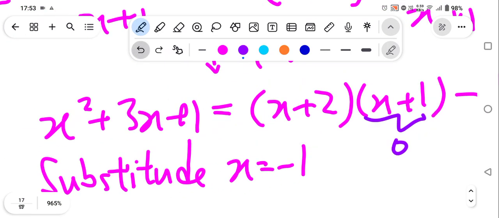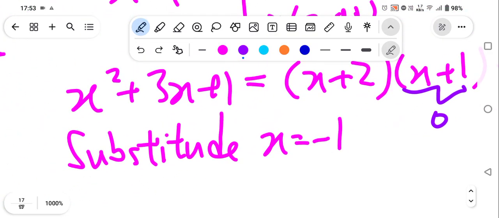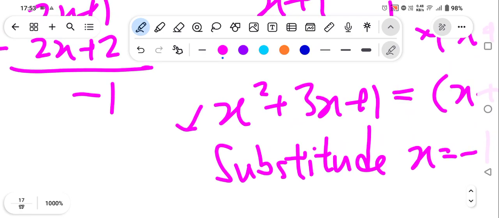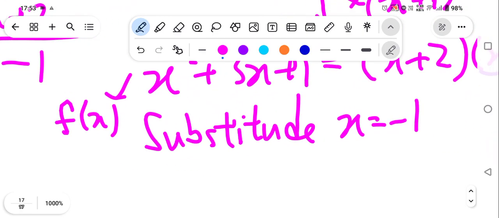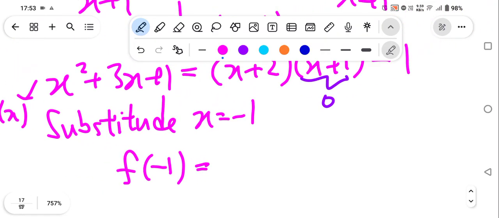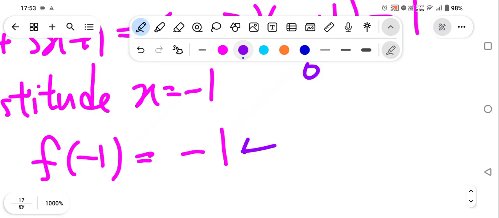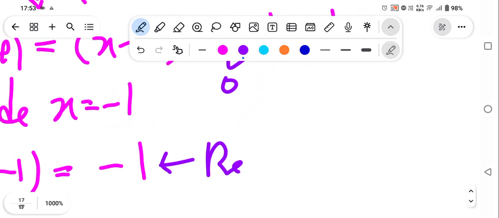I'm going to call this f(x). So we have f(-1) equals negative 1. And what's this? This is the remainder.